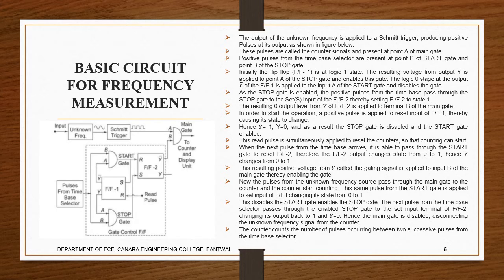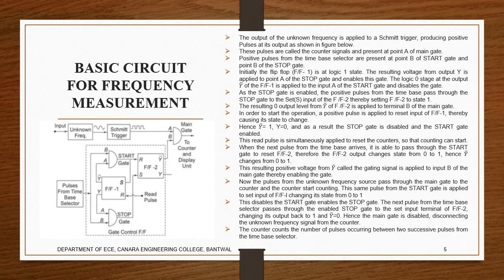So at that time, Y bar is 1 and that is given as an input A to the stop gate. So A is equal to 1 and B is equal to 1 in the stop gate. So that is given as 1 to the S input of flip-flop 2.